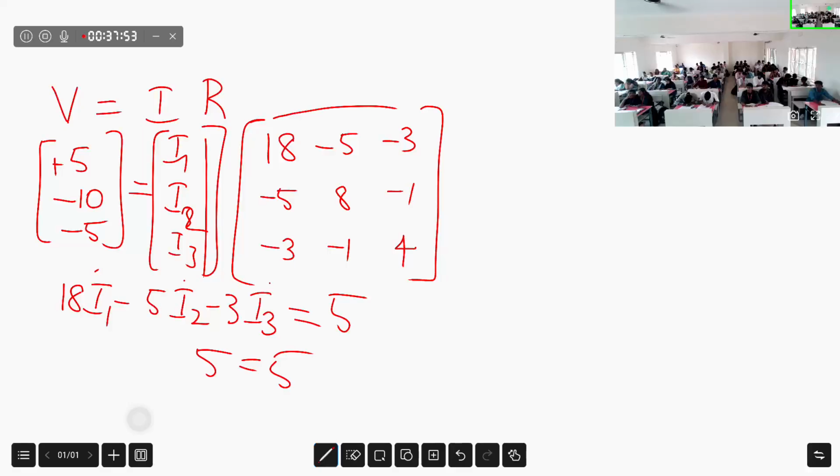Right? So R matrix as usual, add all the resistances in mesh 1. Same procedure. Okay? Fast. So R11 is 4 plus 5 plus 1, that is 10? Minus 1, 1, 3. Any resistance connected with 1 and 3?